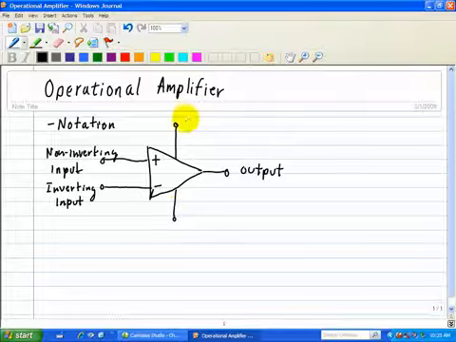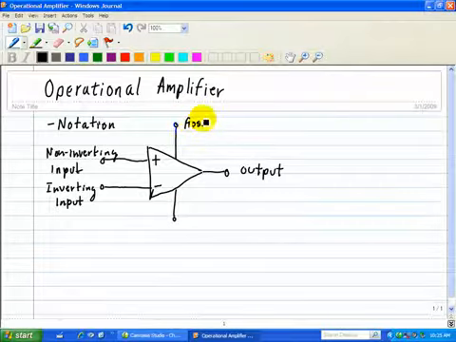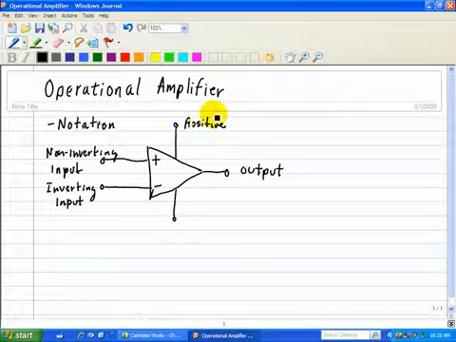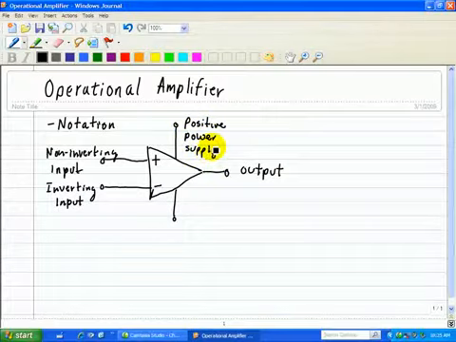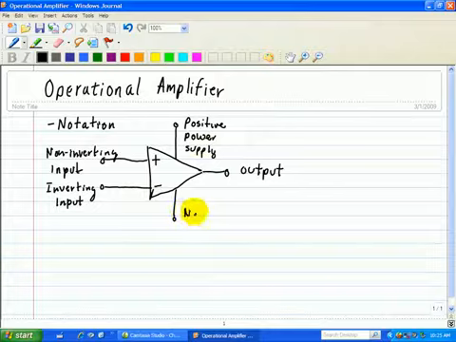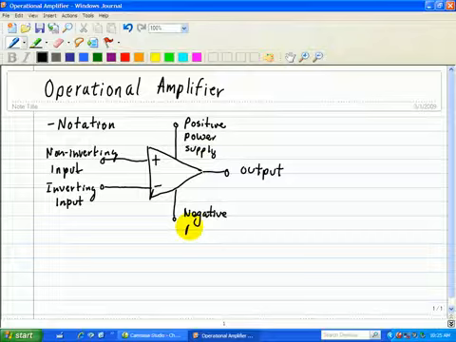Top is usually reserved for the positive power supply, and the one at the bottom is the negative power supply.